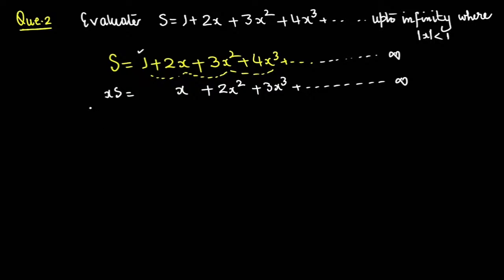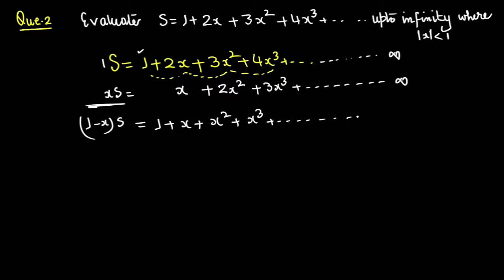Now I am subtracting this. What it becomes? 1 minus x into s, because in this I can take s common. So this is 1 and minus x. It becomes 1 plus x square plus x cube plus dotted. It goes to infinity.